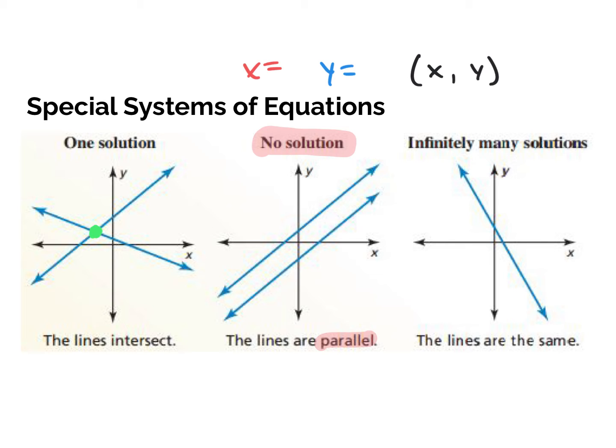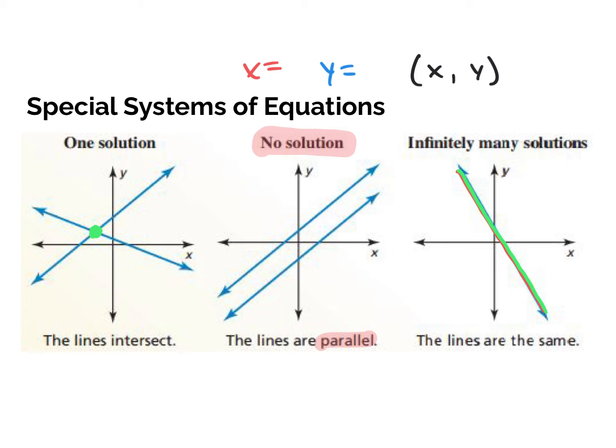Similar to that, but kind of opposite, instead of having two lines that are parallel, what if the lines are the same? So let's say I have, this is kind of tough to see, a red line drawn here, and then a green line drawn on top of the red line. They are the same line. Now they might look a little bit different, but they technically are the same, and I'll talk about what that might look like.